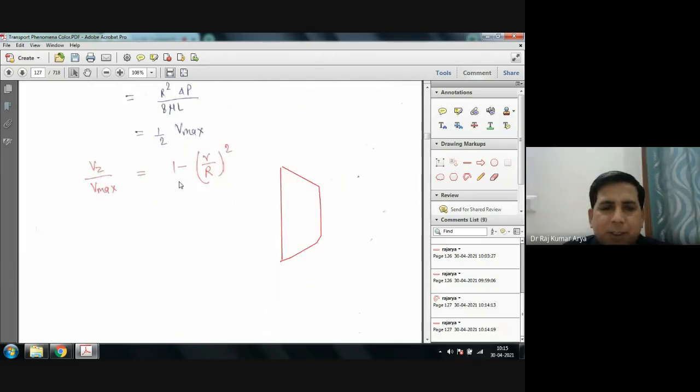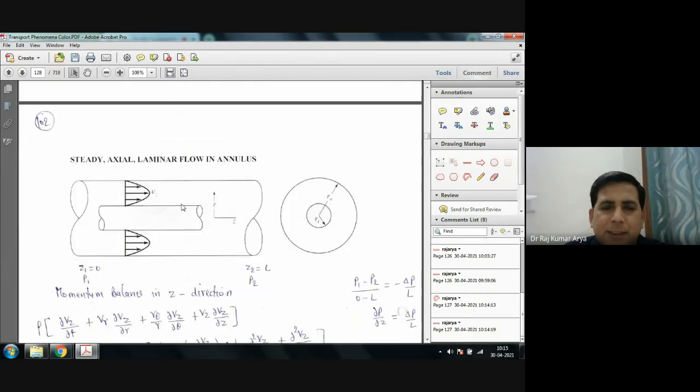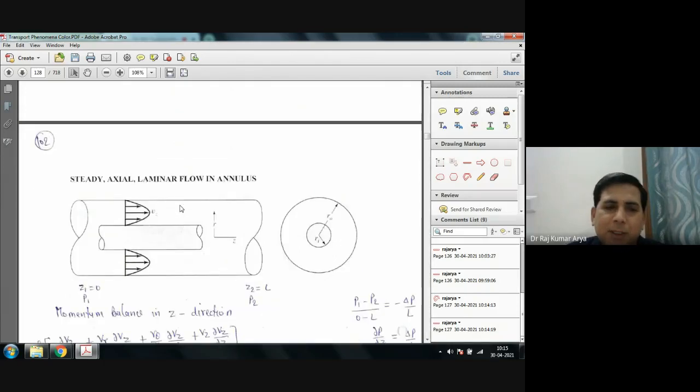In a similar way, you can try at home. The next case is flow through an annulus, because most of the time we do heat transfer or some other process with flow through an annulus. It happens in two ways. One is when we do drilling, let's say we are making a bore or drilling for petroleum from a petrol well.